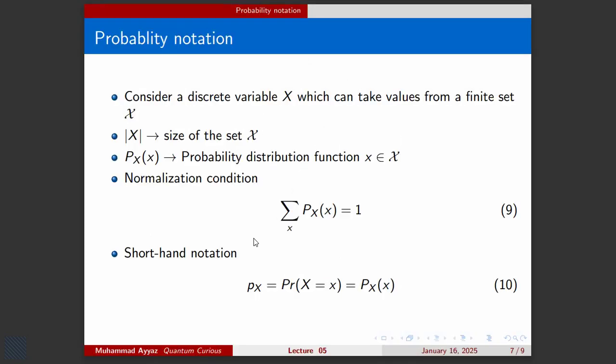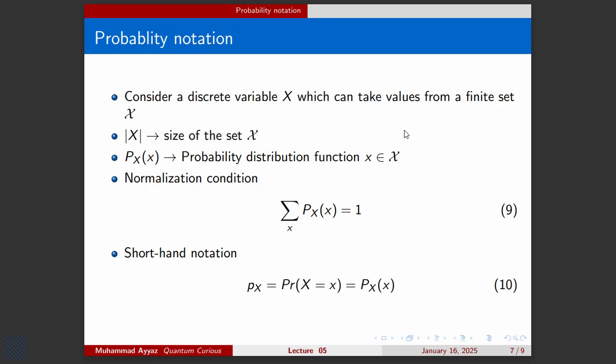So next is the probability notation. Consider we have a variable x that is a discrete variable, and it can take any value small x from a finite set.